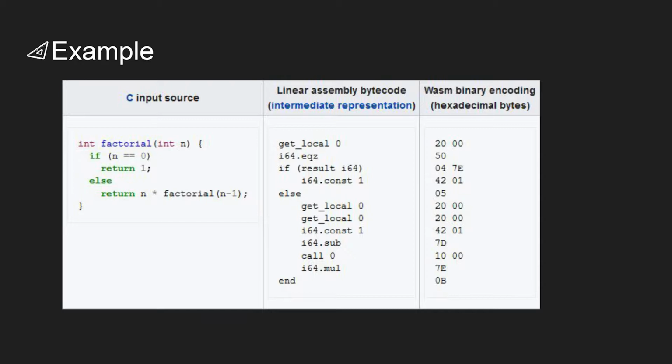It's not like assembly because they have primitives for ifs, for loops, and they are like an abstraction of assembly because for it to run in every machine that JavaScript runs, it can't have the low-level things assembly has. And then there is the binary encoding, because if you want it to be as fast and as tiny as possible, you need to have a binary encoding that is as tiny as possible.